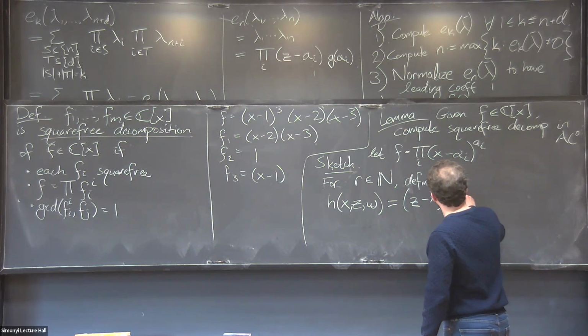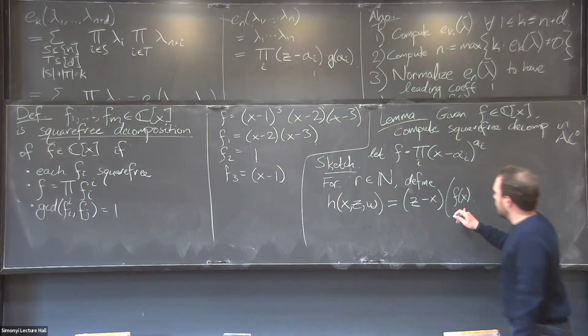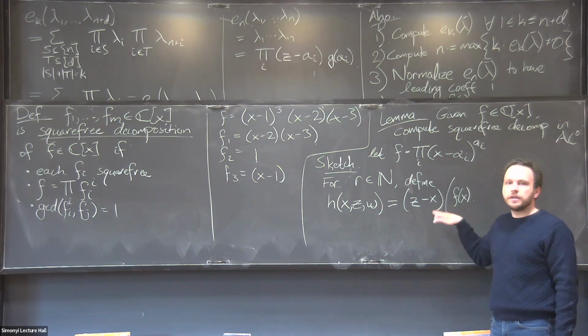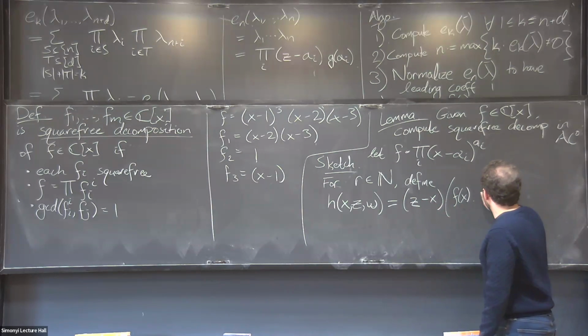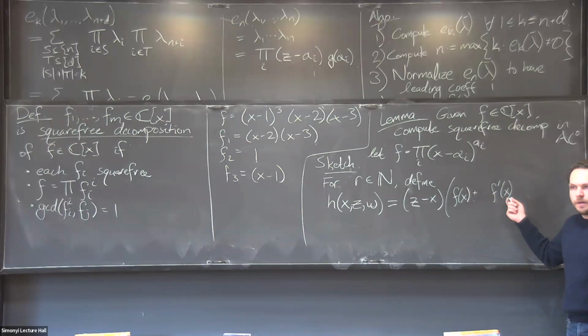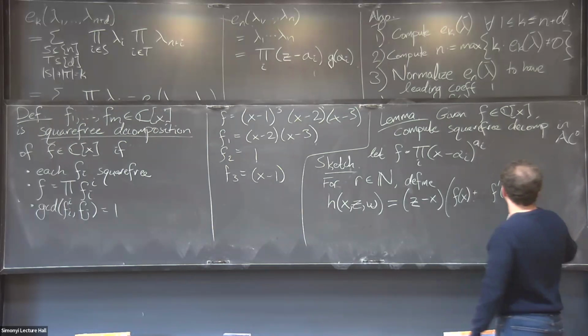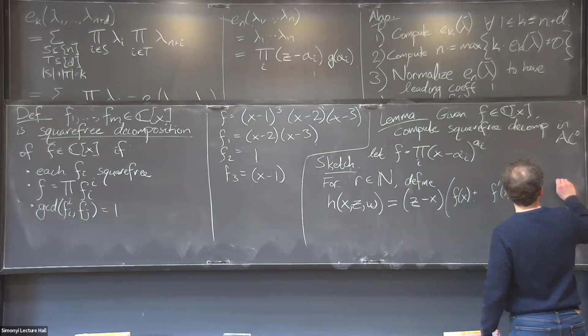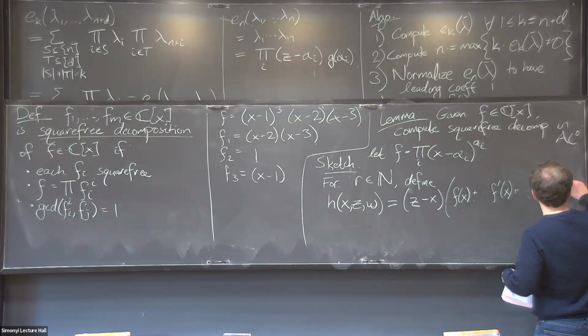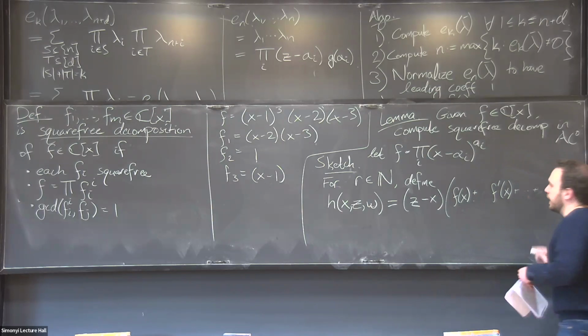Well, first, I want to ensure that whatever number I'm putting in for x is genuinely a root. Next, I want to ensure that the partial derivative of f at that number is also 0. This is saying it's a root of multiplicity at least 2. And then you keep doing this, and you ask that all partial derivatives up to order r vanish.